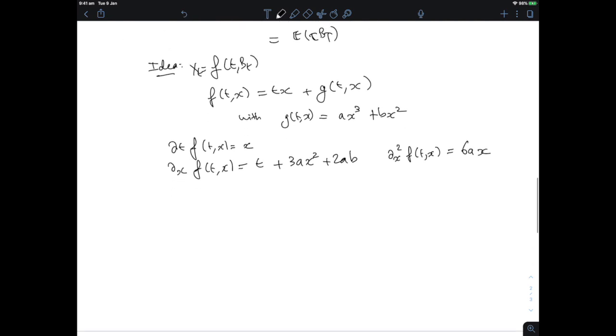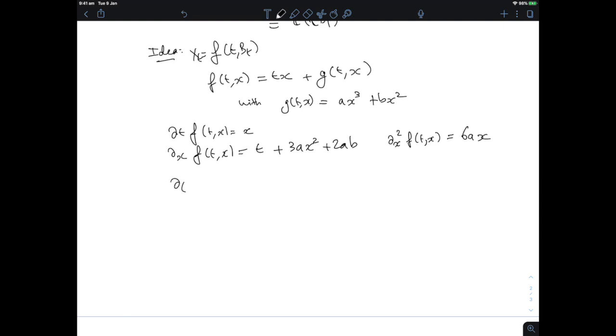So in order to satisfy the PDE, ∂t f(t,x) equal to minus 1/2 of ∂x² of f(t,x) for all t in [0,1], and for all x in R, all we need to have is that 6a. So that was 2a. That was not 2ab here. That was 2bx. And here this is 2b.